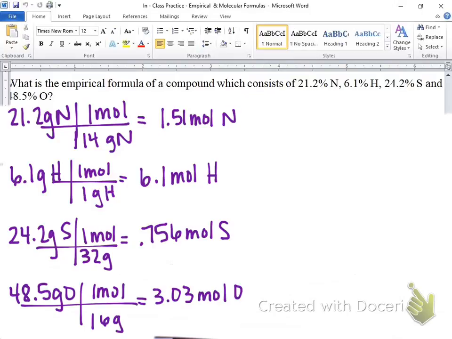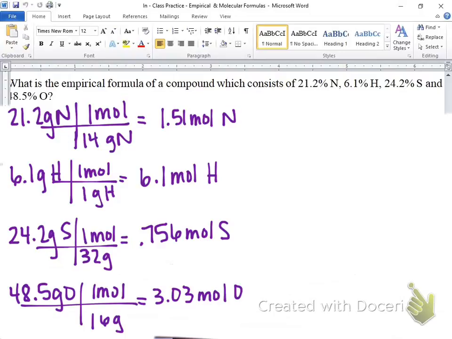Okay, do we agree with all those moles that are coming out? Anyone get different numbers? Okay, so according to your process, the next step is to divide each of those by our smallest quantity. So this will give us our ratios of sulfur atoms to nitrogen atoms and hydrogen atoms to oxygen atoms, whatever it is.